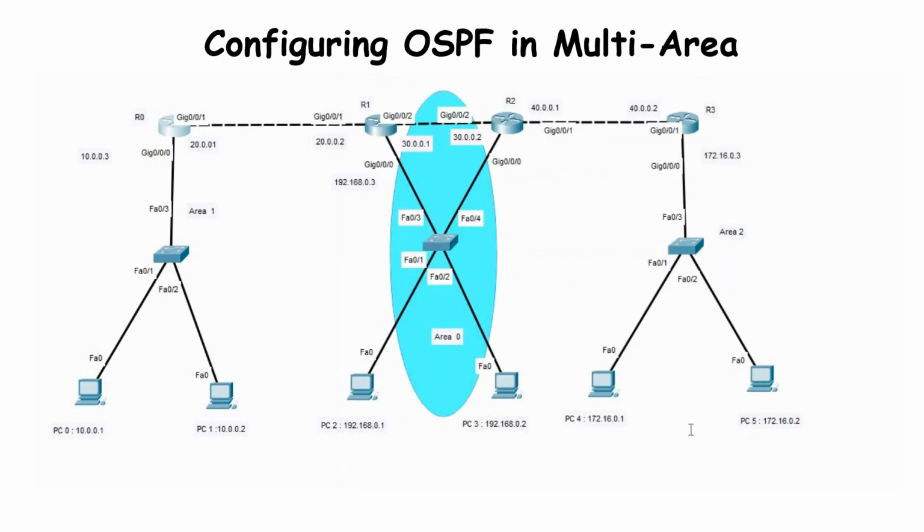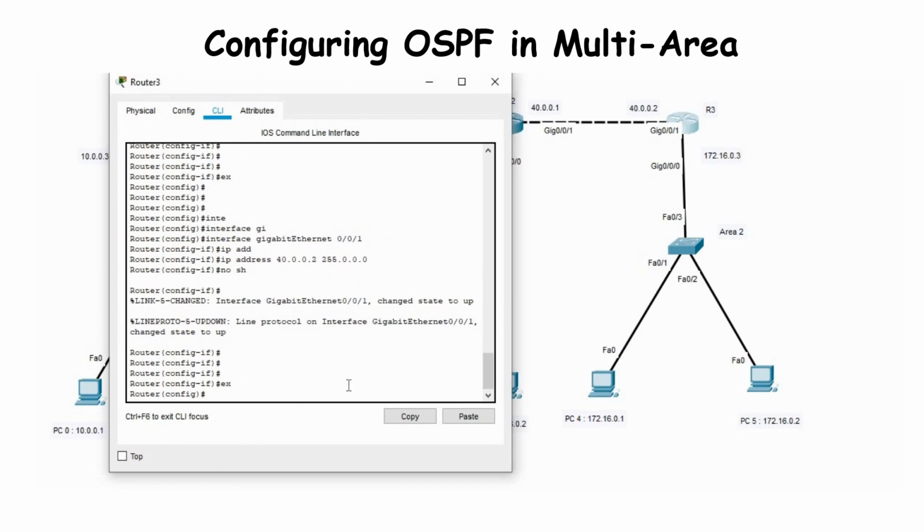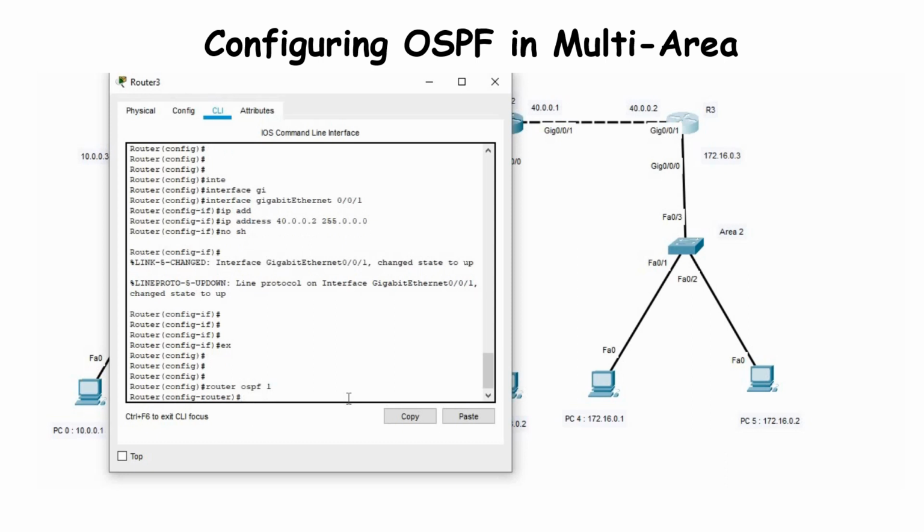Now let us configure OSPF on router R3. R3 is part of area 2. So we'll go to R3, router OSPF 1. Now R3 is part of two networks, the 40 network and the 172.16 network.